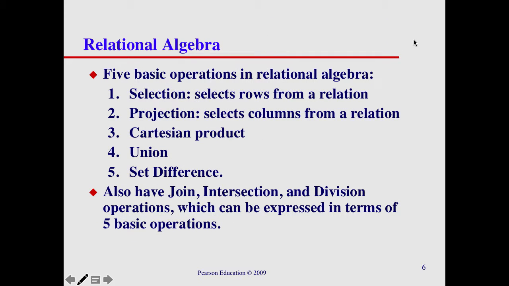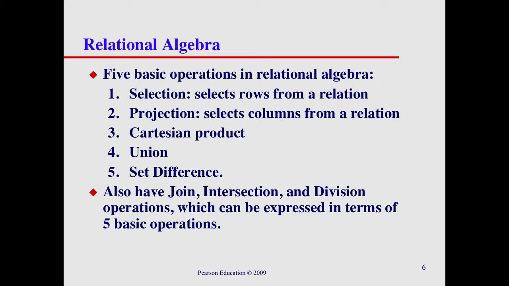Okay, there are 5 basic operations in the relational algebra: select, project, the Cartesian product, taking the union, and taking set difference. There are 3 additional operations that are added as complementary operations: join, set intersection, and set division.